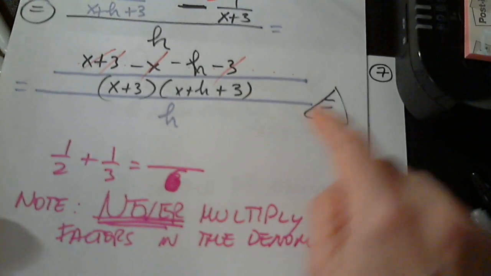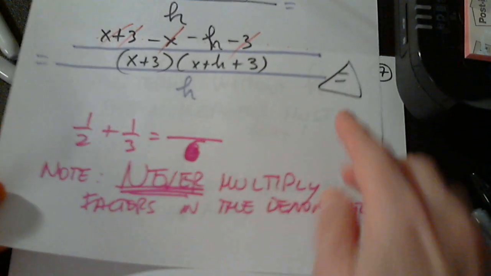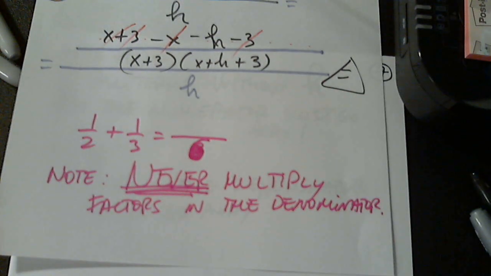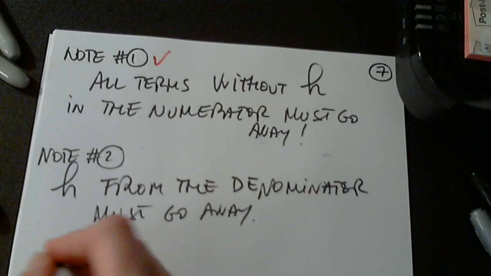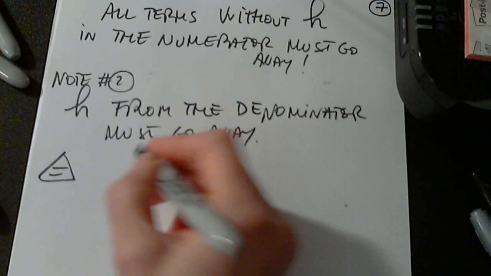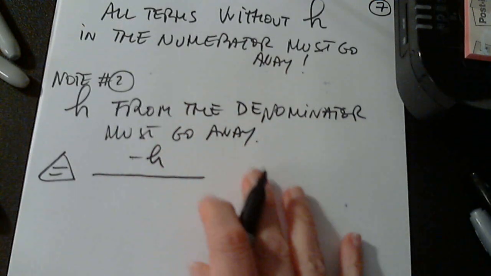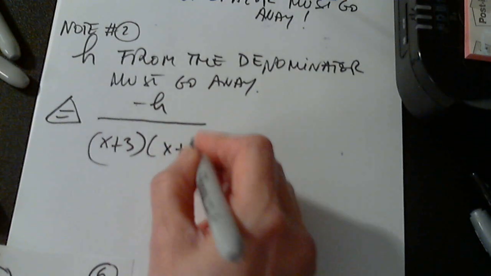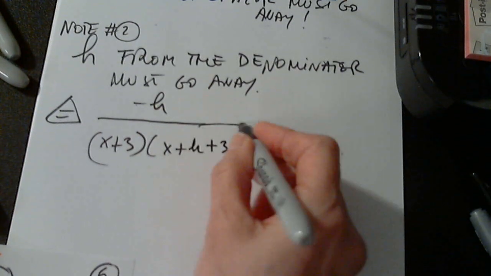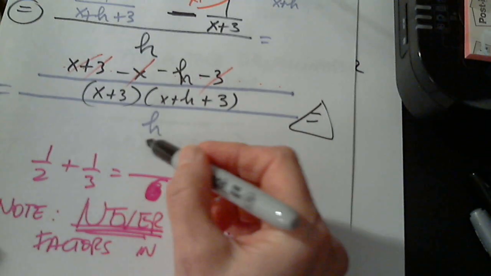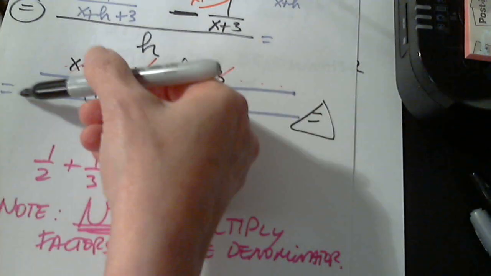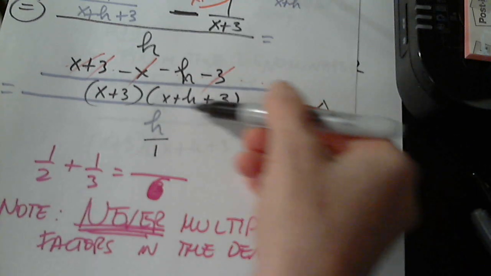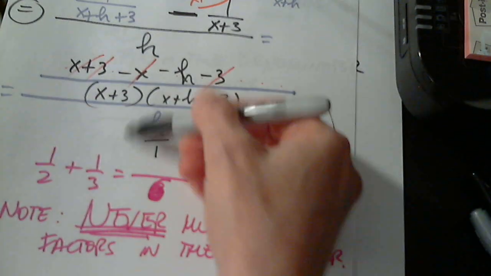Okay, I'll jump over the whole thing to the triangle, and the numerator is negative h. The denominator stays. Do not multiply the factors in the denominator, please. And what do I have to do with h over 1? Because I'm dividing now. This is the division fraction. I have a fraction divided by another fraction.